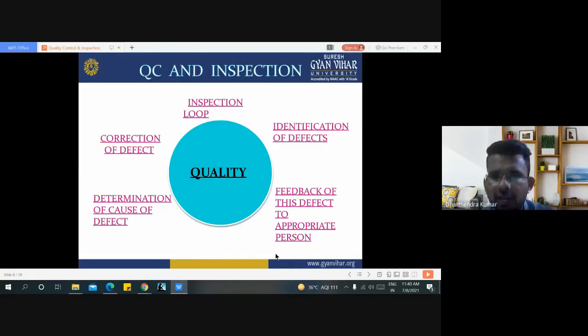Feedback of this defect to the appropriate person. We make a chart during the inspection process, or during the quality control process, and the feedback of this defect.